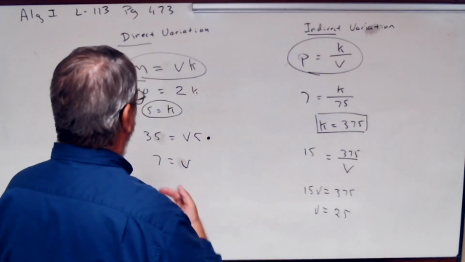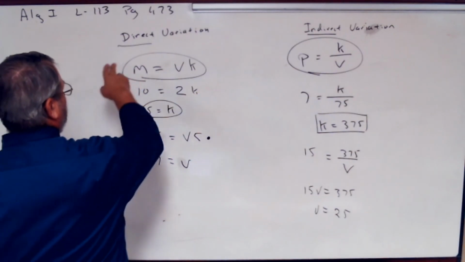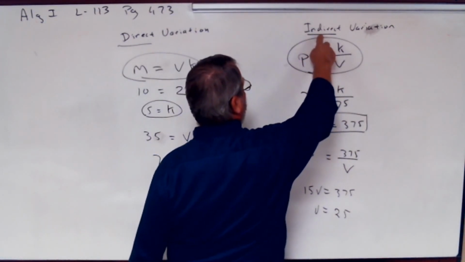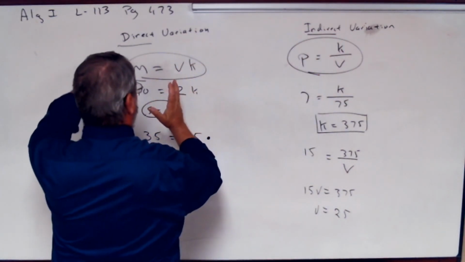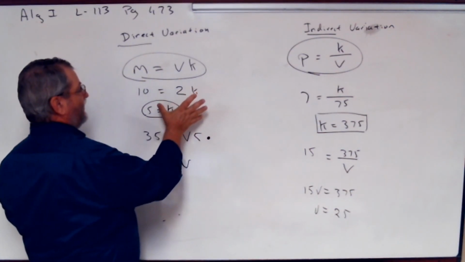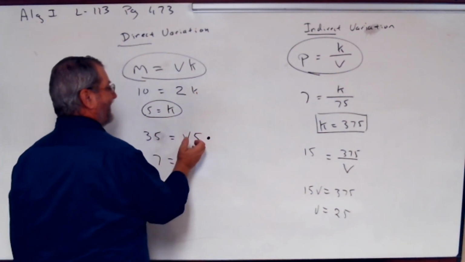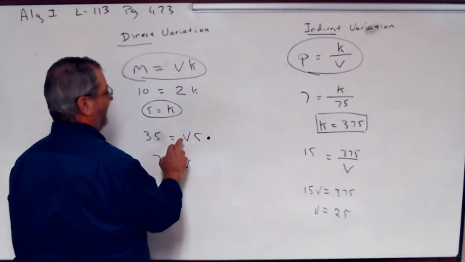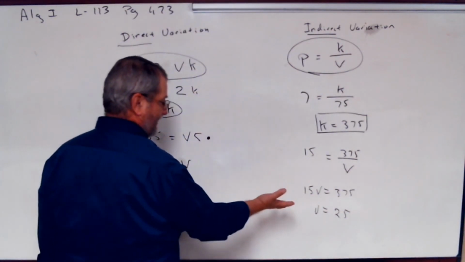These are very simple once you understand that the equation is going to look like this for direct or this for indirect. The first step is to put your two original numbers in and find the constant. Then you have the equation again with the constant in it and a new variable, and you have to find the other variable. The exact same thing over there.